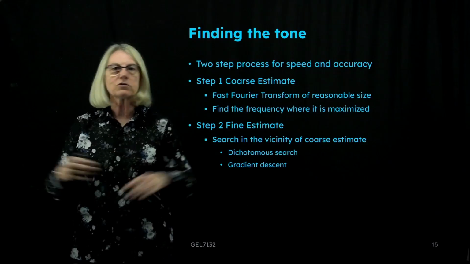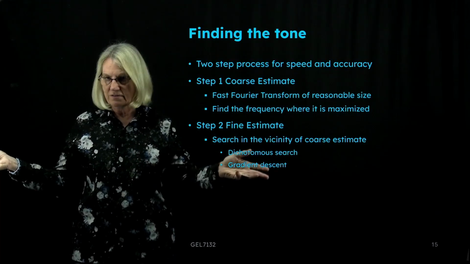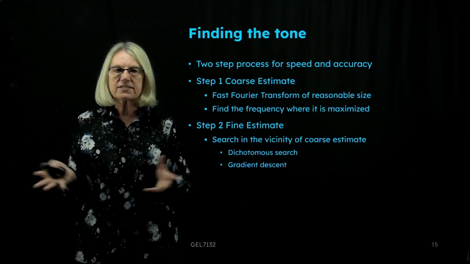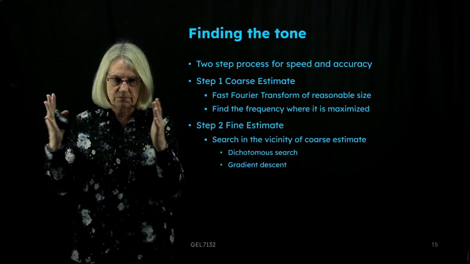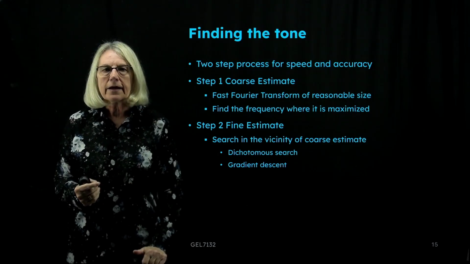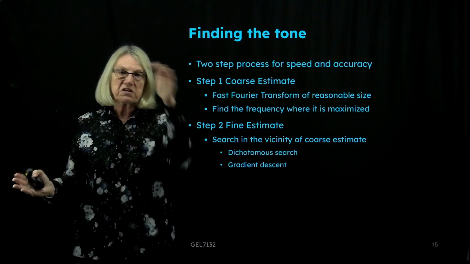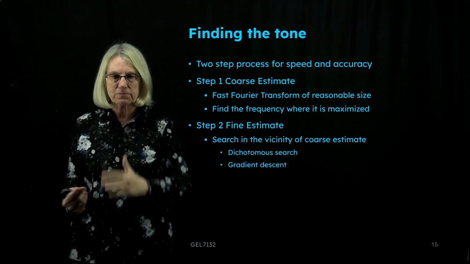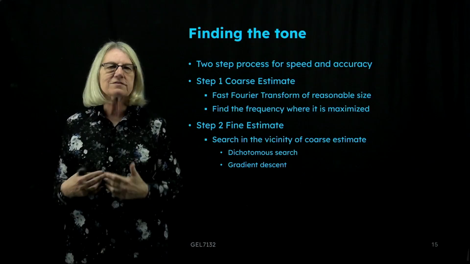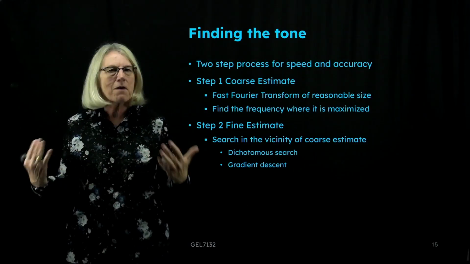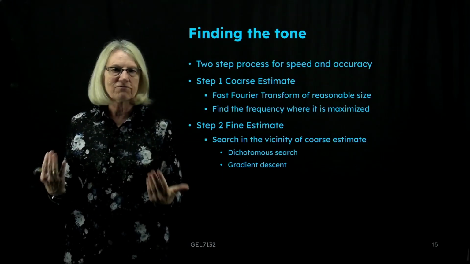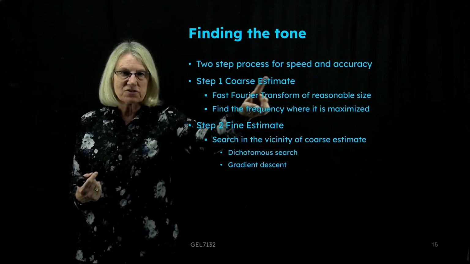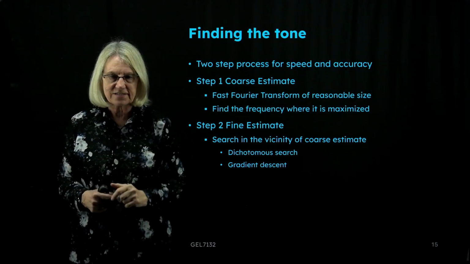I don't need my whole data stream, which would be very slow and complex to compute an FFT for, so I take an FFT of some subset of my data. And I just take that FFT and ask, where's the maximum? Because the tone should have a maximum. The problem is that there's noise obscuring it, and this isn't the most accurate way of finding the offset, but it is fast. So for speed, we do this coarse estimate.